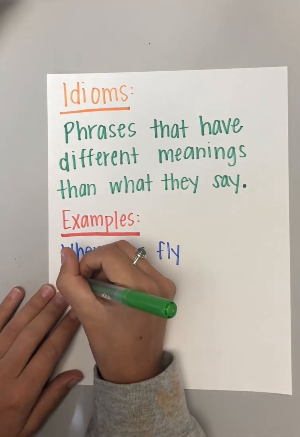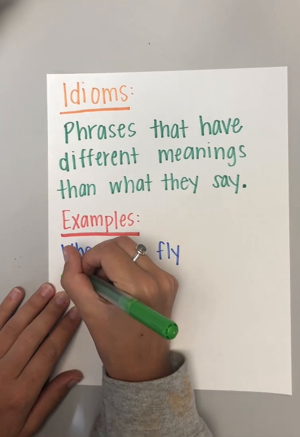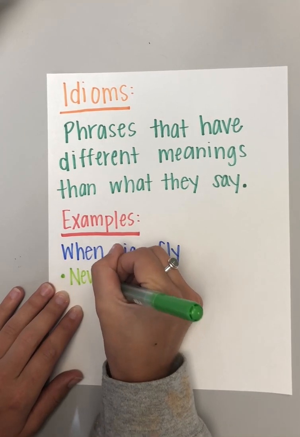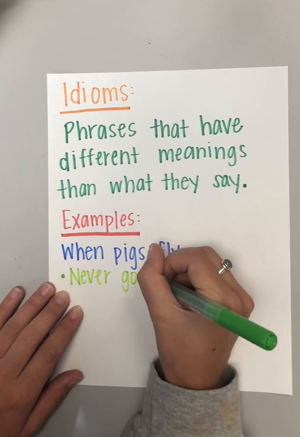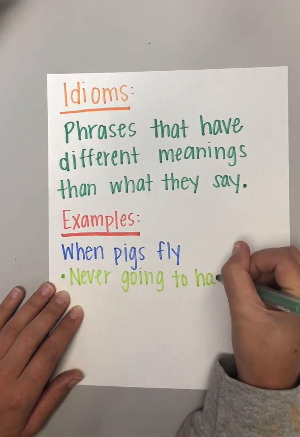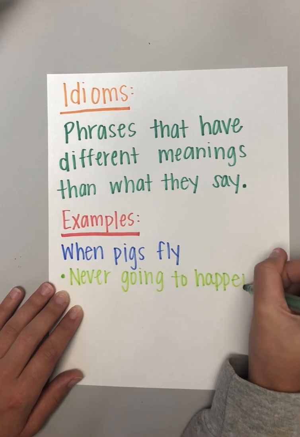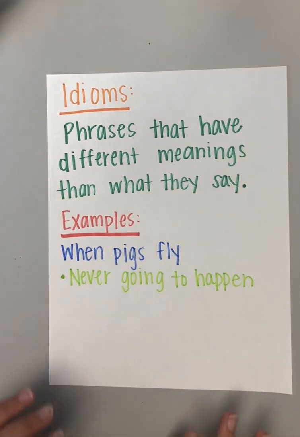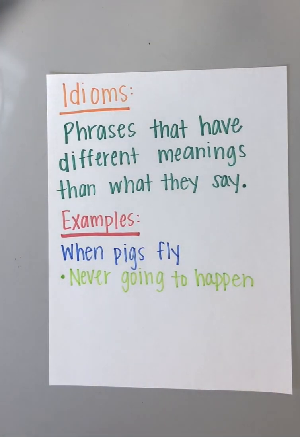So, hopefully you got it. It means it's never going to happen. My mom was never going to let me go to the mall by myself when I was that young. Maybe you can think of something that your parents would say, when pigs fly. It's never going to happen. Maybe you ask your dad for $1 bajillion and he says, when pigs fly.